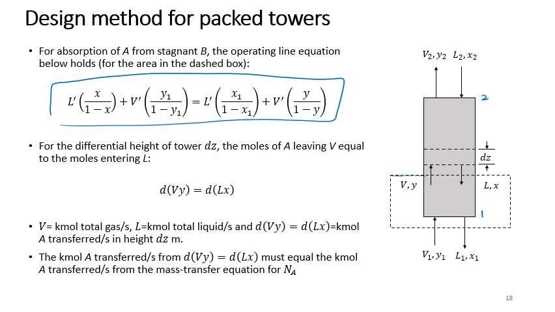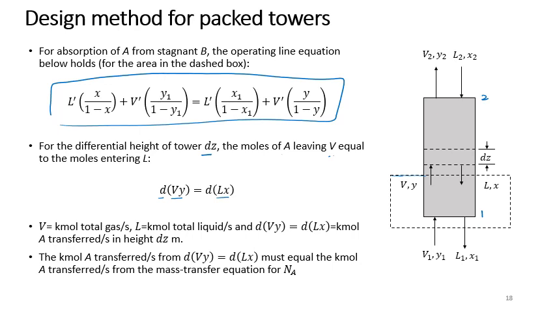Okay, for a differential height of the tower dz here, the moles of A leaving V is equal to the moles of A entering L. Just mass balance. This amount of solute leaving the gas phase equals the amount of solute entering the liquid phase. So you have the differential amount d(Vy) equals d(Lx).